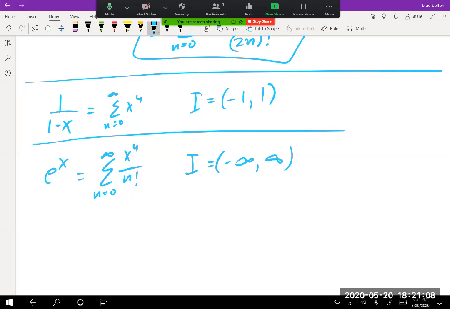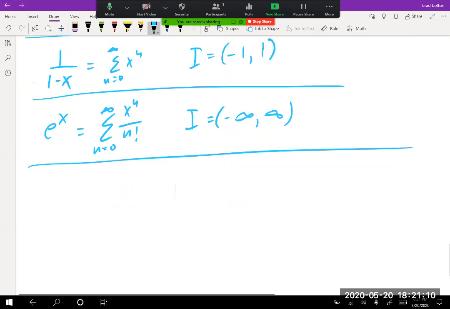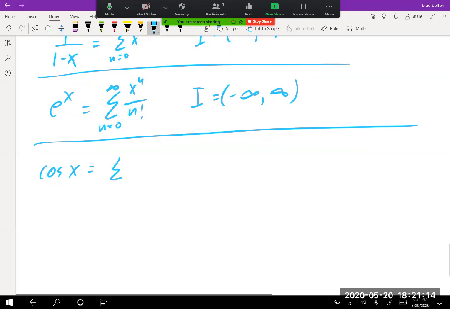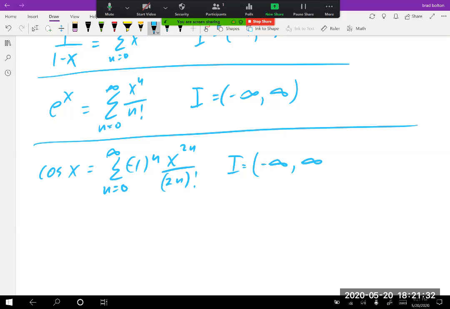Then we have cosine of x. We can have a good power series, or Maclaurin series, I'm sorry, same thing really, built differently. And this is x to the 2n over 2n factorial. This has an interval of convergence of negative infinity to infinity.